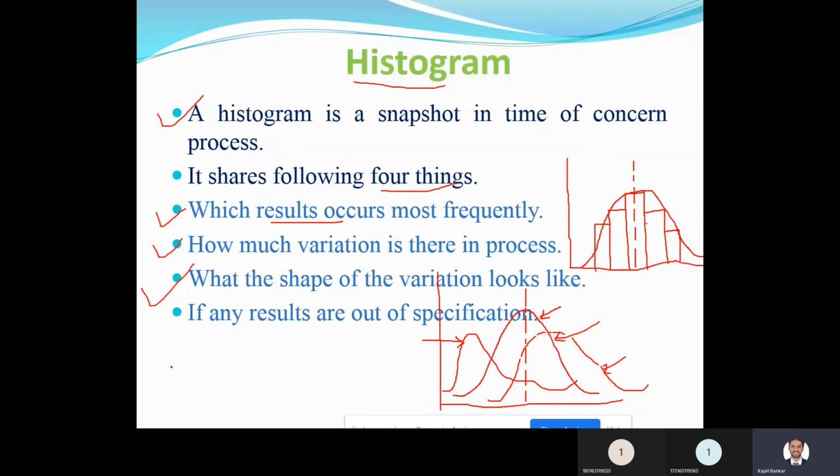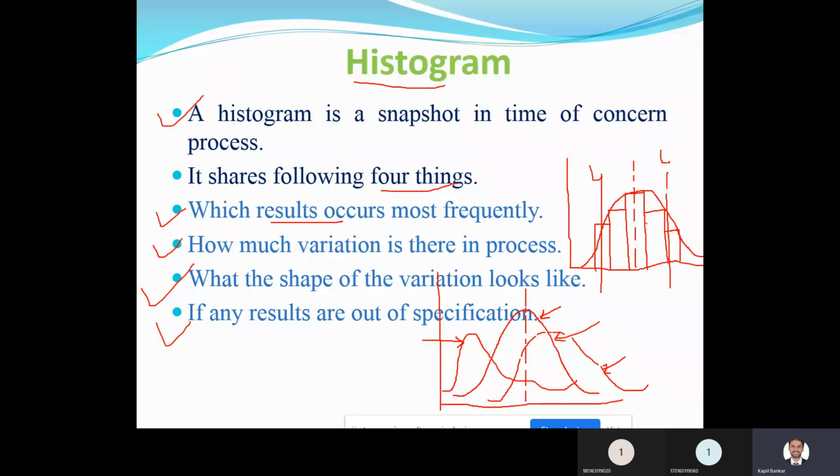The next thing you can get from this histogram is whether any results are out of specification. Suppose this is your specification limit, limit line 1 and limit line 2.